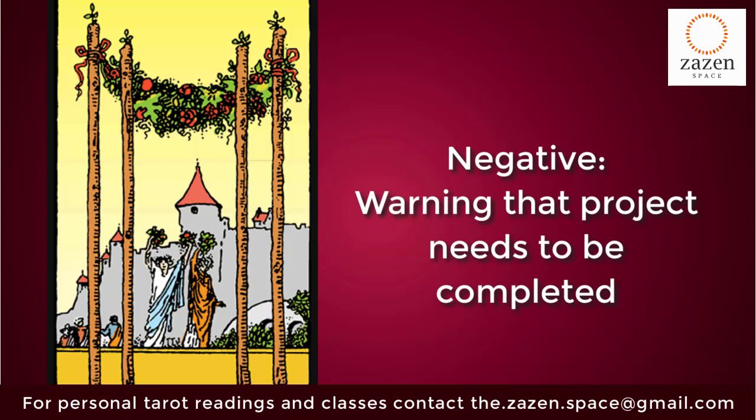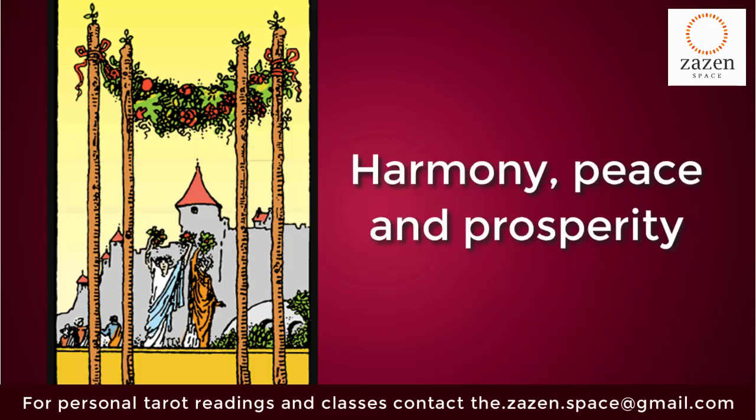Now, when we talk about home, family and marriage, there are additional meanings to this card. Which are those meanings? Harmony, peace, prosperity. All of these things are expected and desired when you have a happy marriage, a happy family, and a happy home. So everything that is related to happy family, happy marriage, etc. is depicted here.